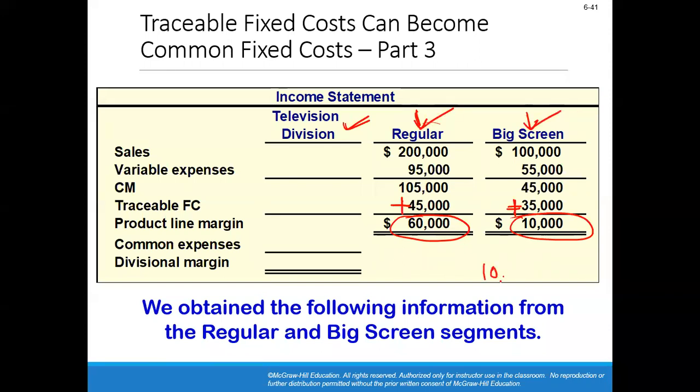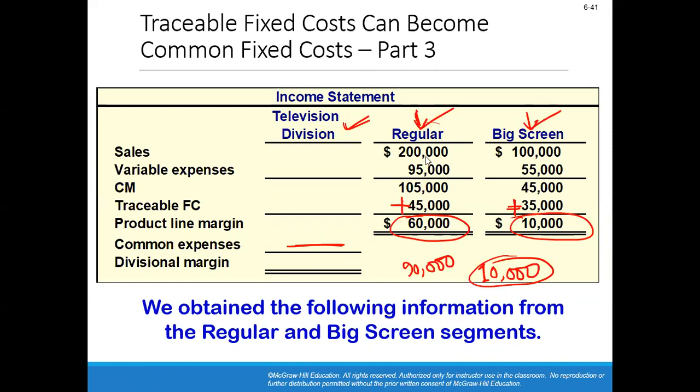But what happened to the other 10,000 fixed cost out of the 90,000? What do you think? Where is it? That is now the common expenses, common expenses for the television segment.